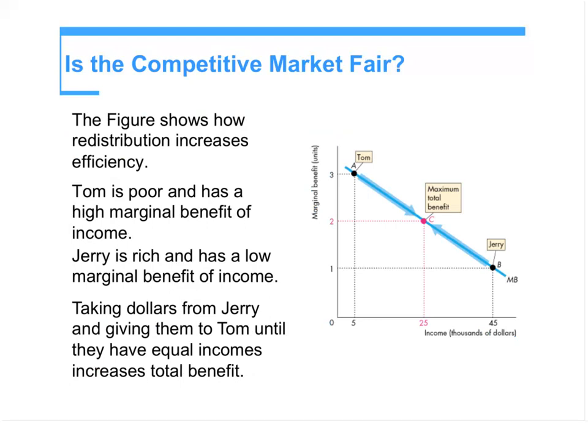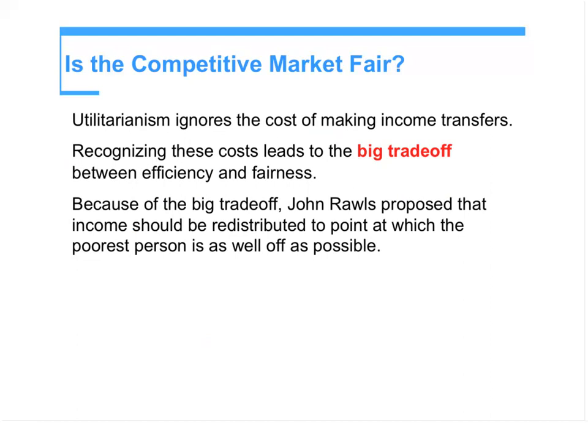Is the market fair? The figure shows how redistribution increases efficiency. Tom is poor and has a high marginal benefit of income. Jerry is rich and has a low marginal benefit of income. Taking $1 from Jerry and giving it to Tom until they have equal income increases total benefit, according to the utilitarian approach.